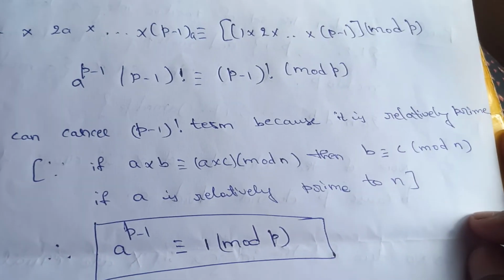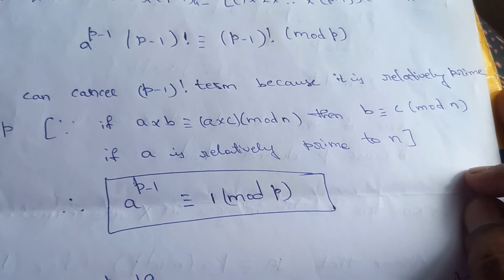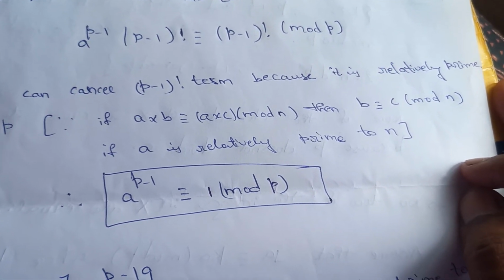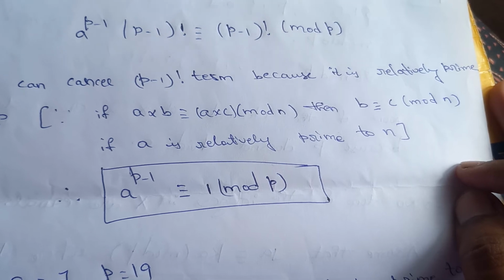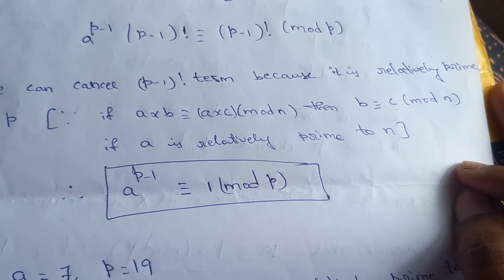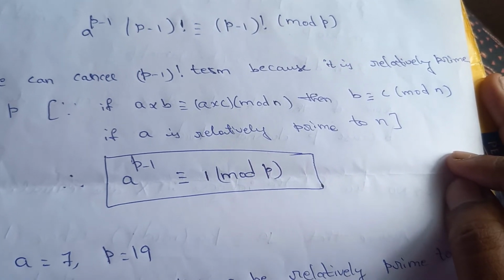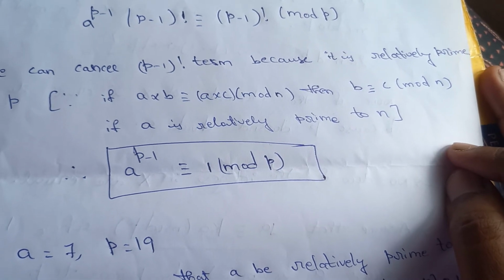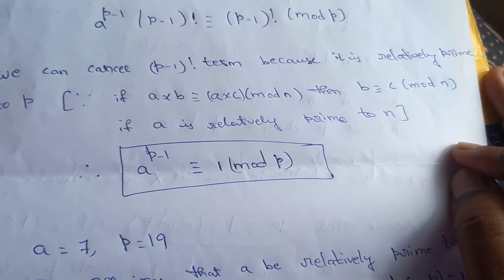if a times b is equivalent to a times c mod n, then b is equivalent to c mod n. That is, we can cancel a on both sides if a is relatively prime to n.